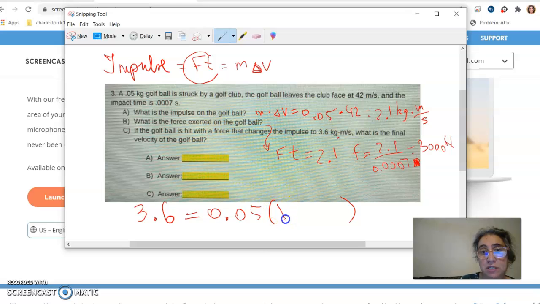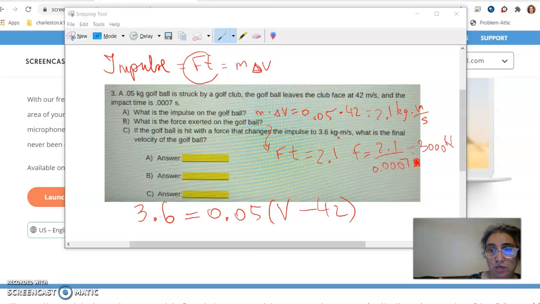The final velocity we don't know, so we put V, but the initial velocity was 42. This is in case we hit the ball a second time, because the first velocity was 42 and then someone hits the ball again.